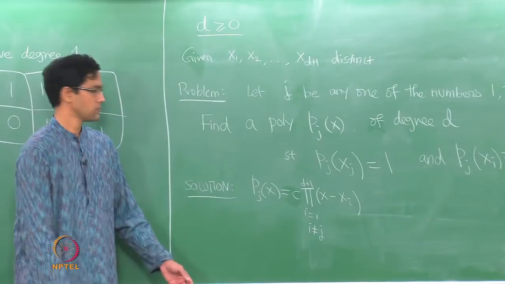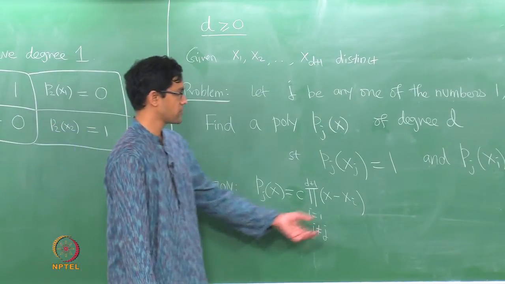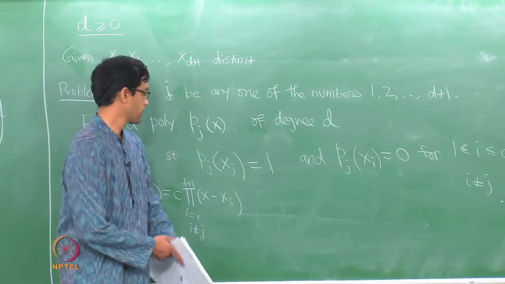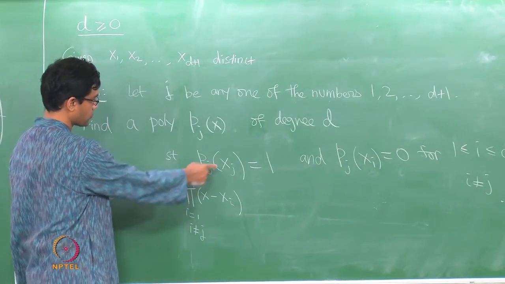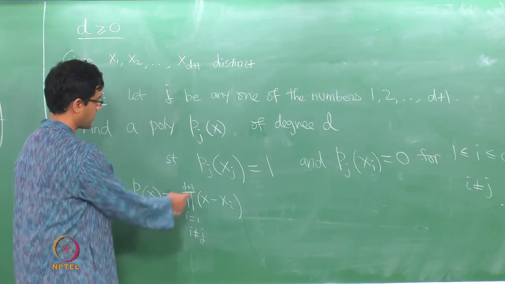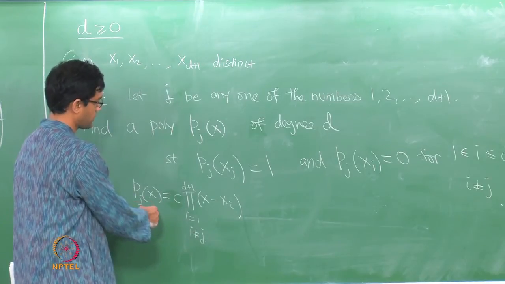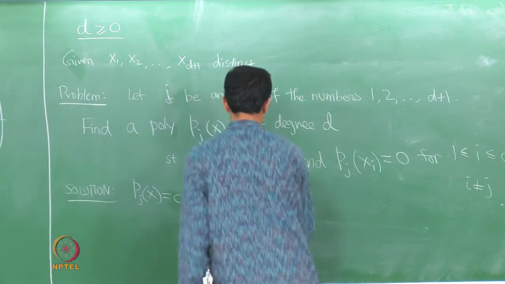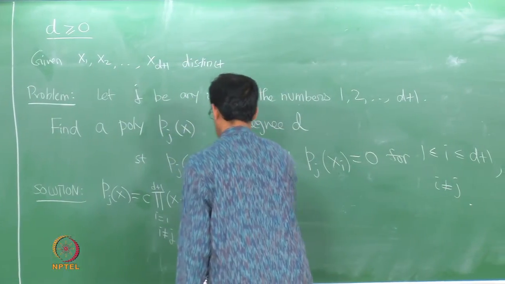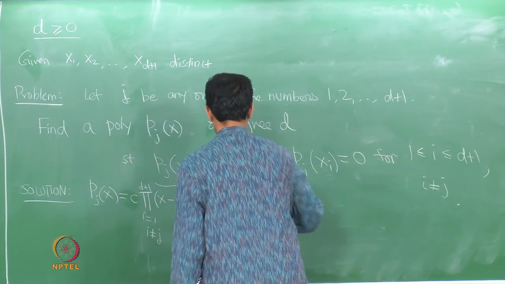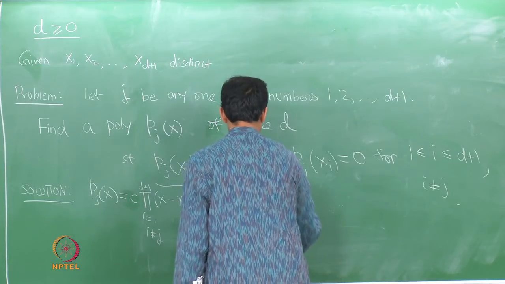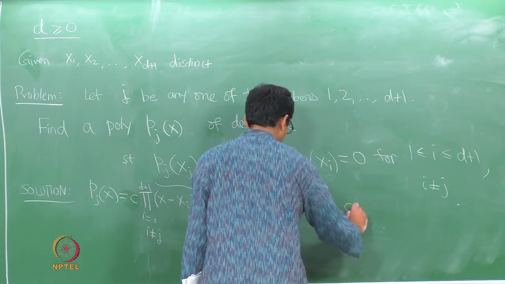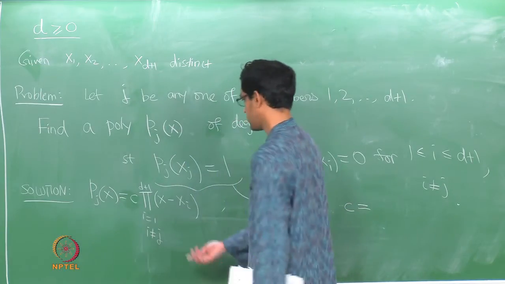Okay. So already we are able to get quite a lot of information just by knowing that here are d roots of this polynomial. And now to find this constant, we use this last piece of information. It says that if you plug in x equals xj, then you should get a 1 on the left hand side. So now observe, putting this condition in gives us the value of c. Okay. What is the value?